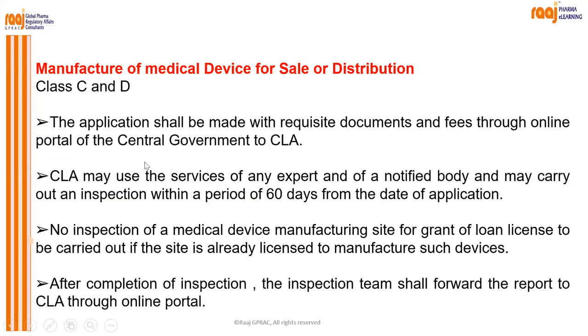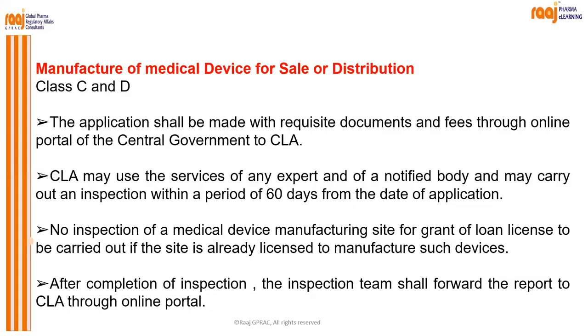Then in case of class C and D, the application shall be made with requisite documents and fees through the online portal of the central government to the CLA. The CLA may use the services of any expert and of a notified body and may carry out an inspection within a period of 60 days from the date of application. So you have to remember those: 120 days, 90 days, and here 60 days after the application.